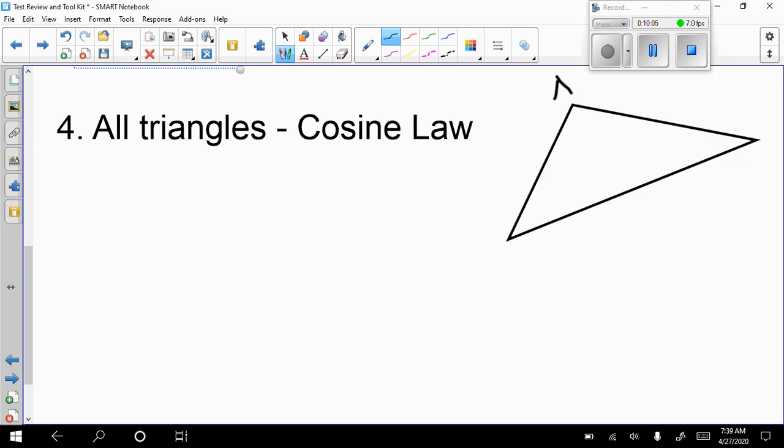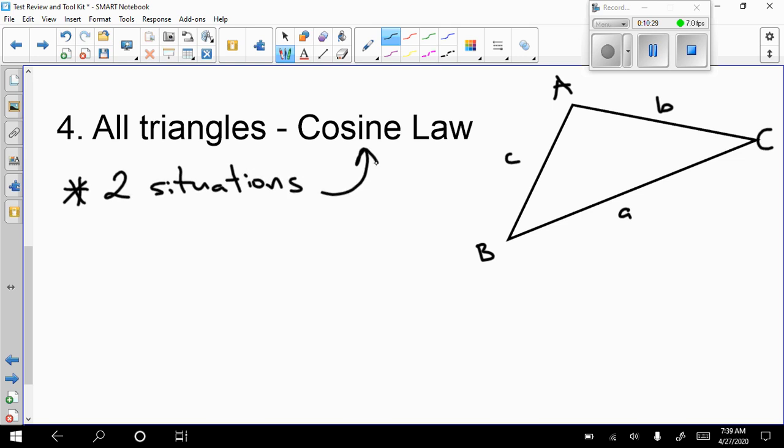So here, let's label our triangle A, B, and C. And so this is little a, little c, and little b. They're opposite the angles. And there are two situations. I'm going to put the star up here. There are two situations where you have to use cosine law, where cosine law is required.